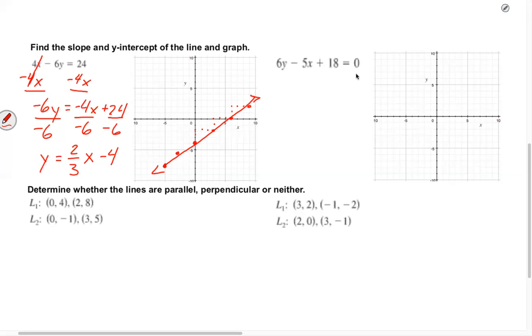You okay with that, Leah? So what would your first step be here, Leah? What would you do in order to get y by itself? Okay, I like the way you're thinking. You're thinking smarter, not harder. So Leah said subtract 6y from both sides. So that's going to give me -5x plus 18 equals -6y. Now what, Leah?